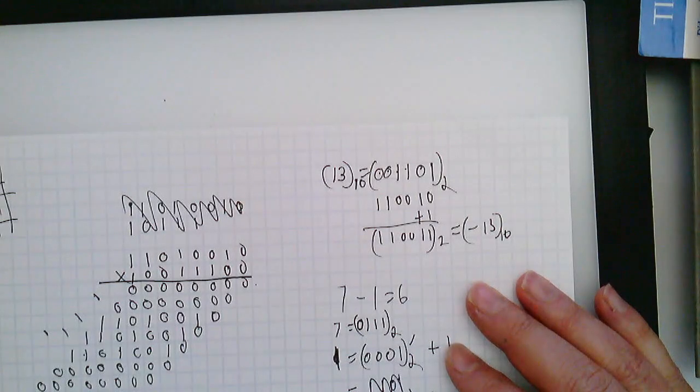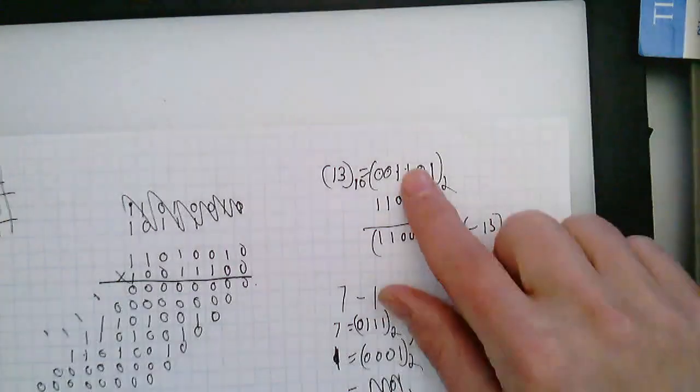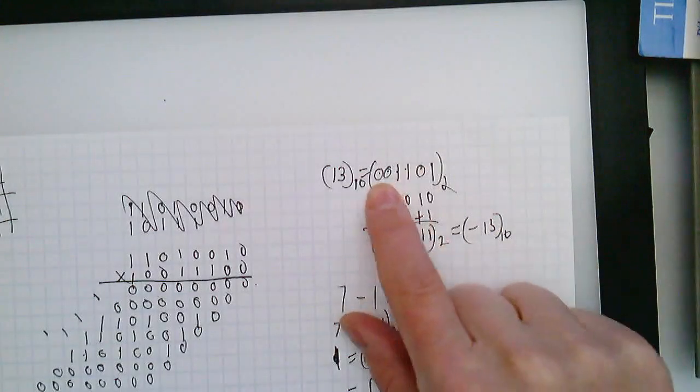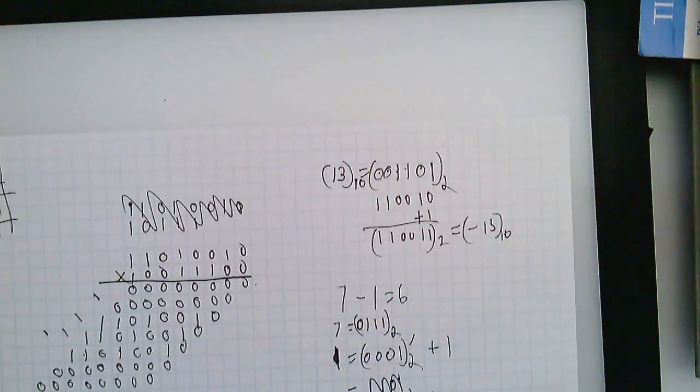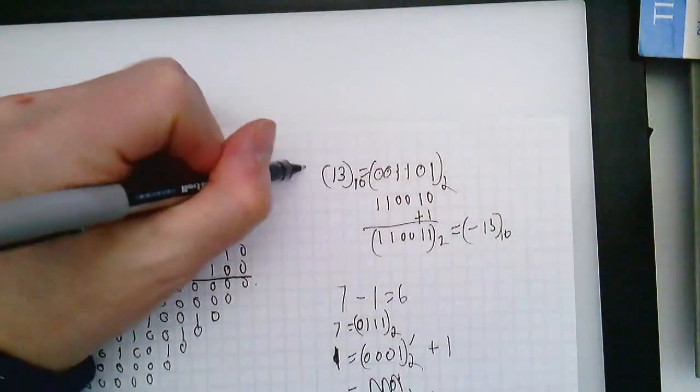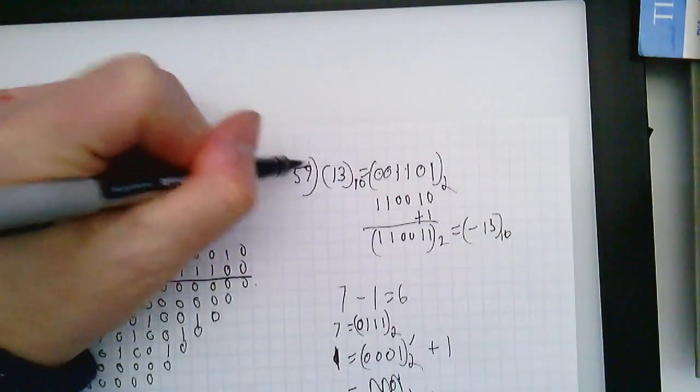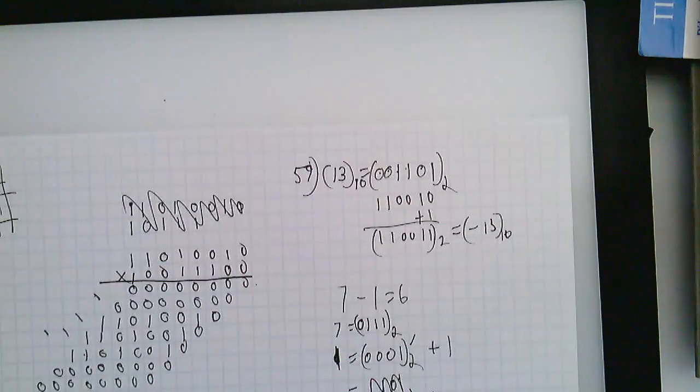He just wanted a 2's complement representation of positive 13 base 10. That's this, using 6 bits, padded with 2 bits. What do you think? Any questions about this one? That was question 59, by the way. No questions?